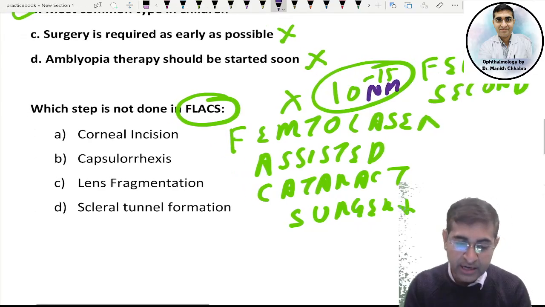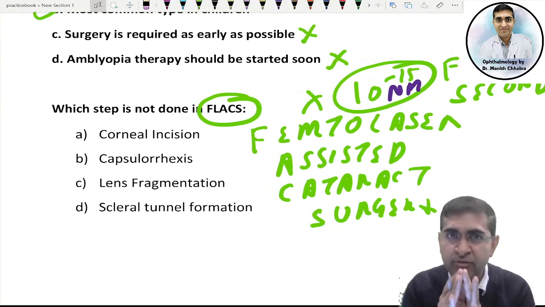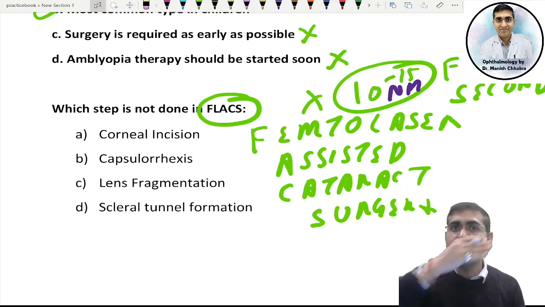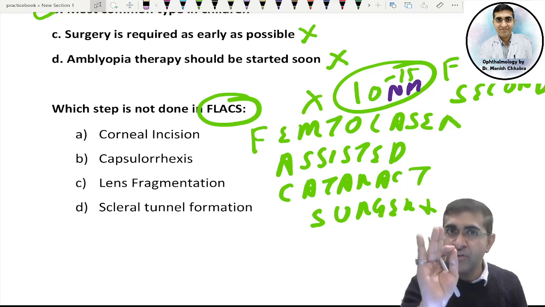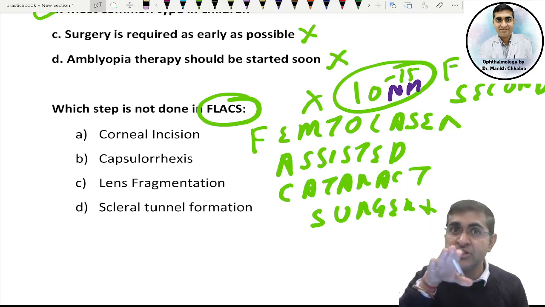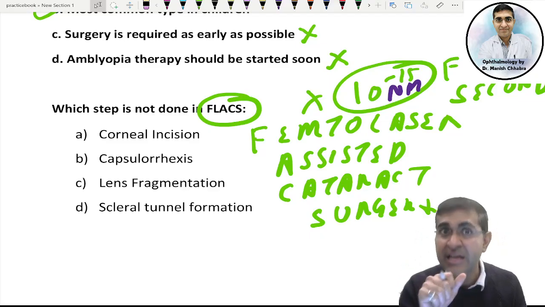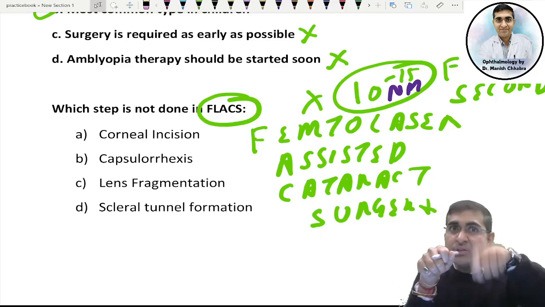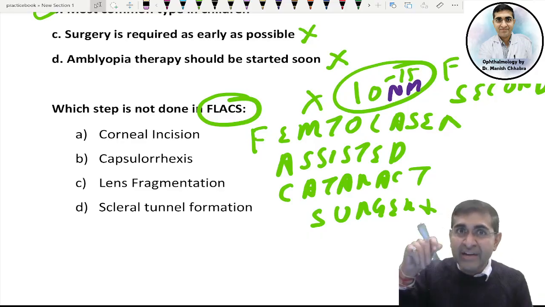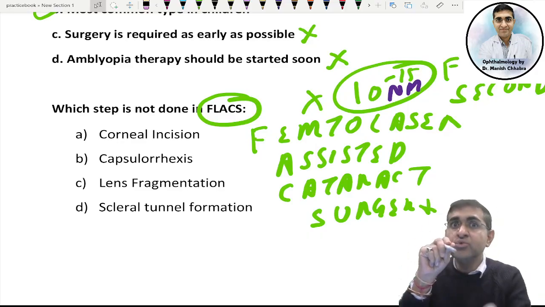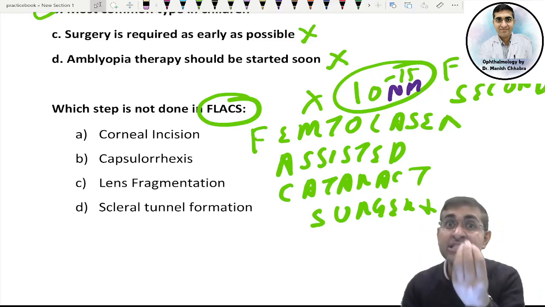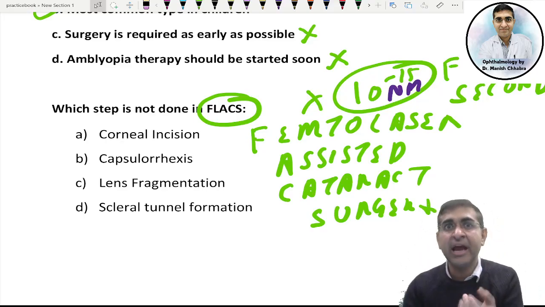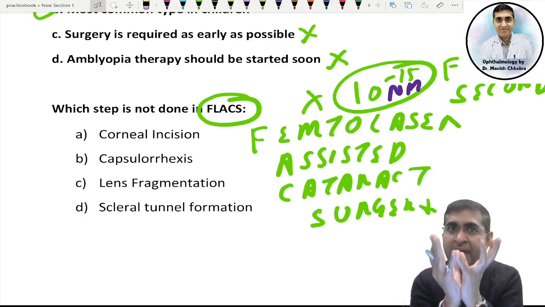Okay, all right. Now when you perform a cataract surgery, you first give a main incision. I am talking of phaco. You first give a main incision with the help of a keratome, right? And then you perform capsulorhexis. Then you break the nucleus into small pieces, and with the help of phaco probe, you aspirate the emulsified lens material, and then there is an empty capsular bag which is left.